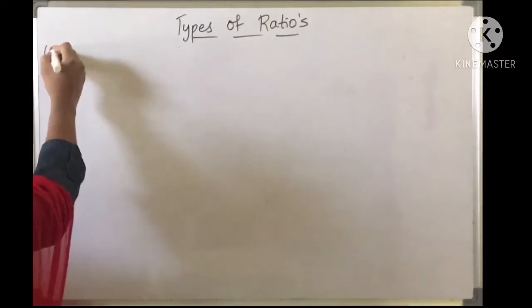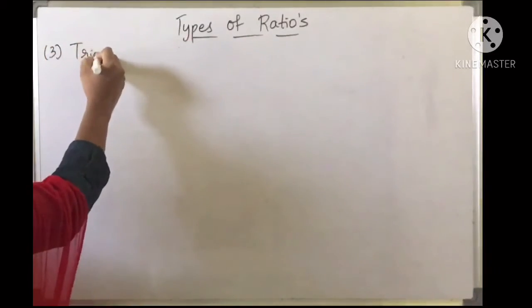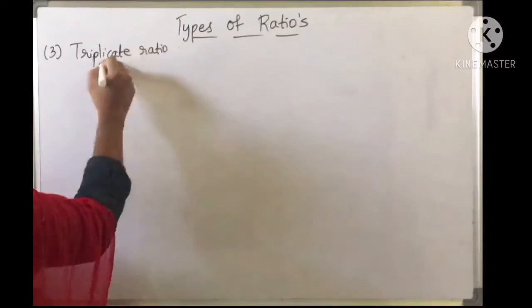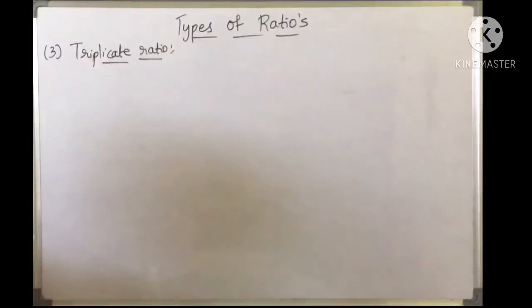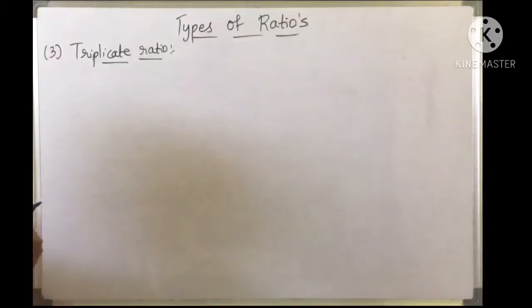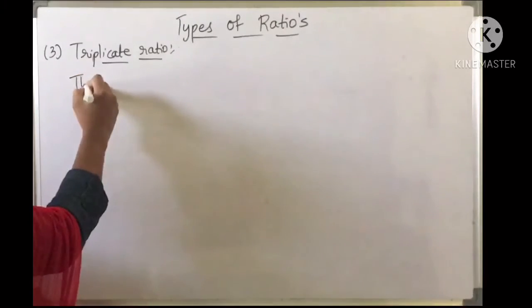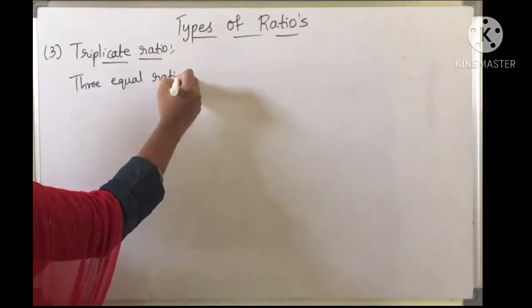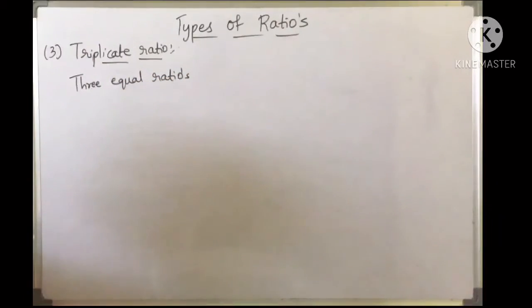Coming to the third ratio, triplicate ratio. In the name itself it is given, triplicate. So the triplicate ratio is the compound ratio of 3 equal ratios. Duplicate means 2 equal ratios. Triplicate means 3 equal ratios.